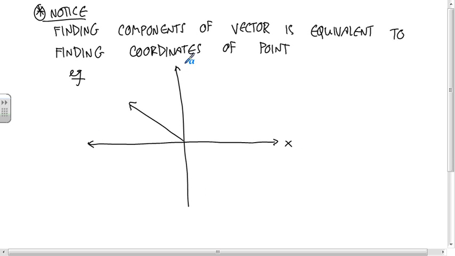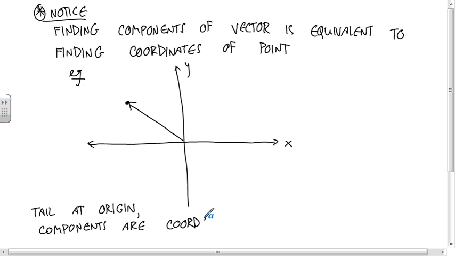So there's the x-axis, the y-axis. The components then are going to be the coordinates of the point where the head is. Okay. So if the tail is at the origin, the components are the coordinates of the head.